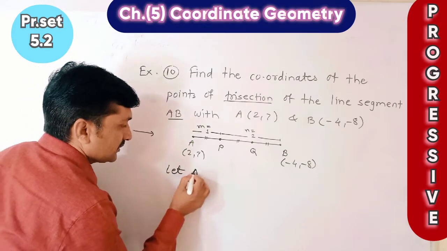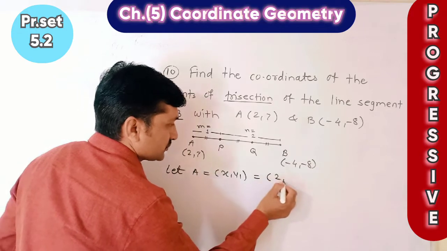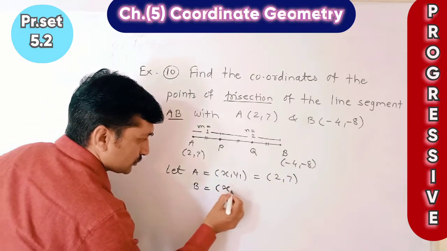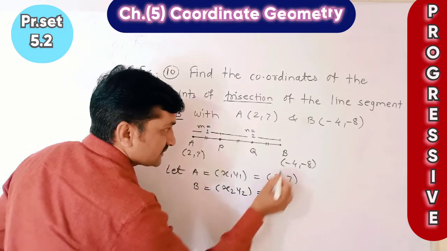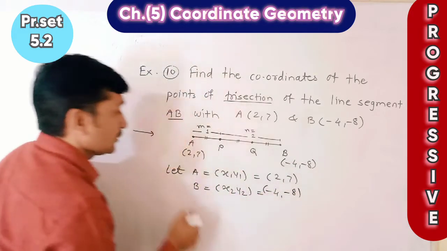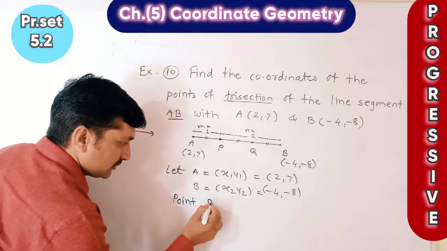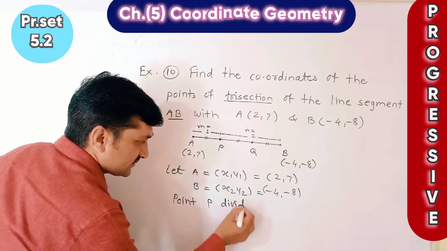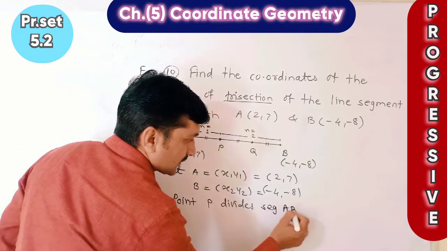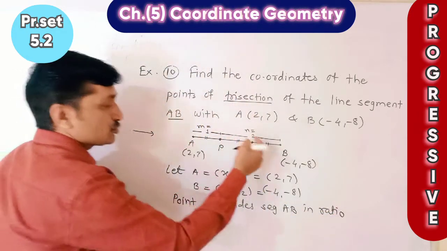Let A be (x1, y1) equal to (2, 7) and B be (x2, y2) with coordinates (-4, -8). Point P divides segment AB in the ratio 1 is to 2.